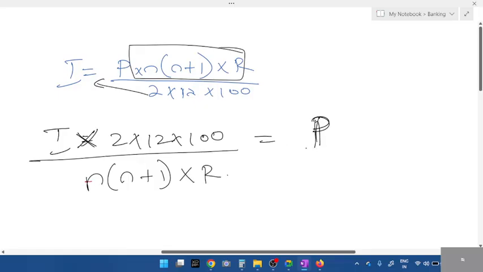Yes. Which is the other formula? Is maturity value given here? I'm talking about this formula here. In this formula, you have to extract.